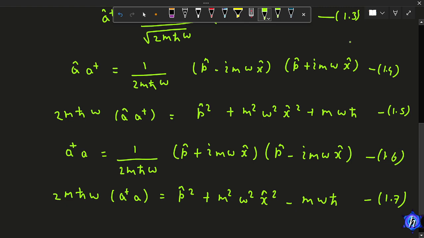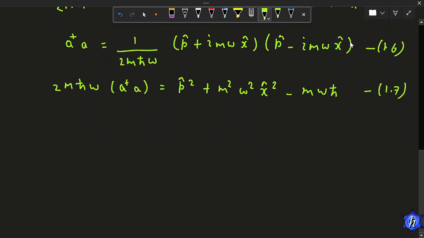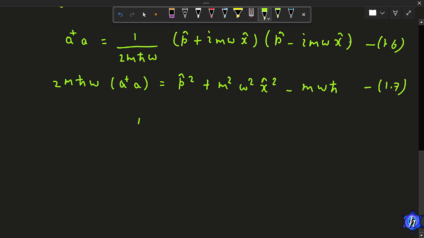Now, what I do is I'll add equation 1.5 and equation 1.7.